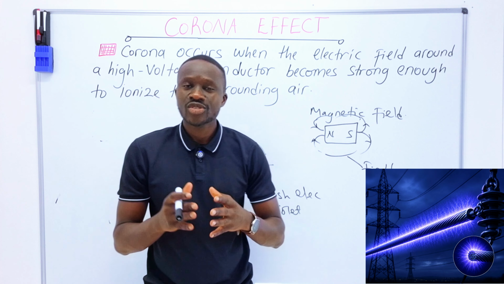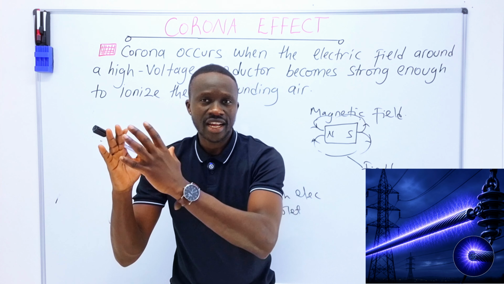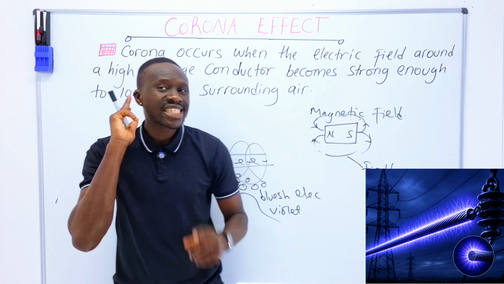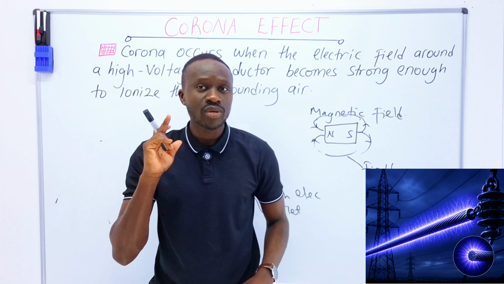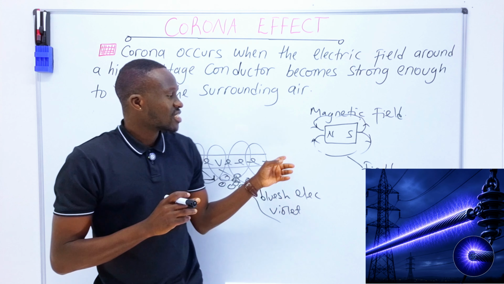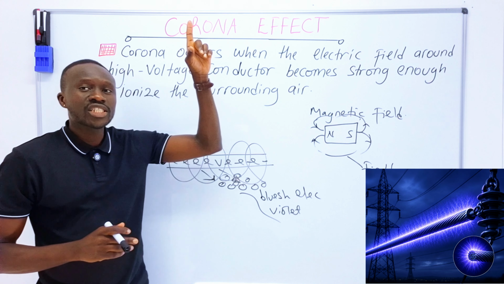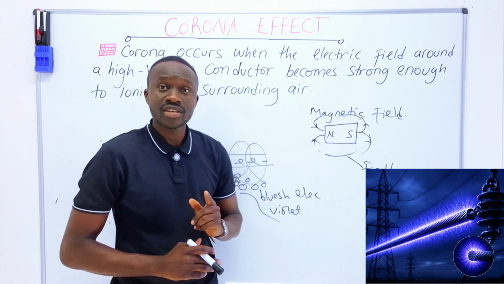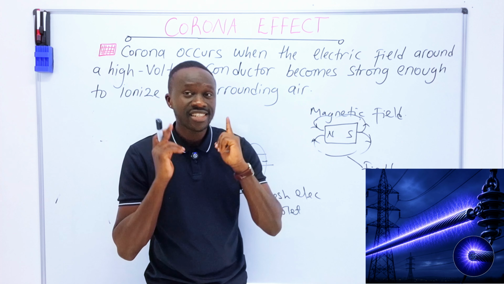And that's why you will see that bluish color of electricity, or that violet color, with a hissing sound. Sometimes with the high voltage transmission lines, when you stand down below these transmission lines, you'll hear this hissing sound.